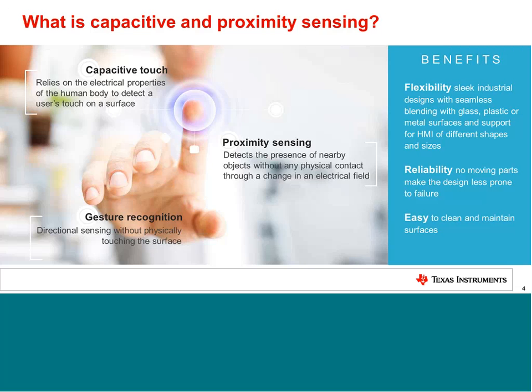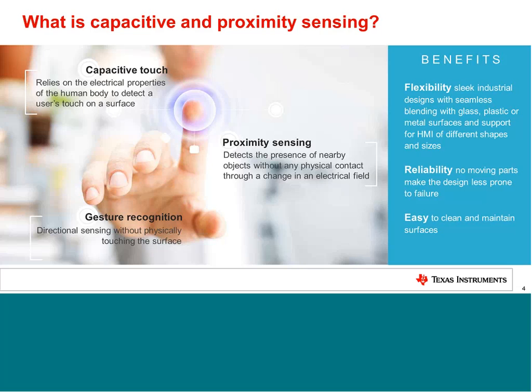So why are we talking about this? More and more building automation applications require sleek industrial designs. You want to have multiple overlays, be it glass or plastic or even metal. You want to have different shapes and sizes. And many times, with mechanical buttons, you have the issues of moving parts, and you have limited flexibility on what you can do with them.